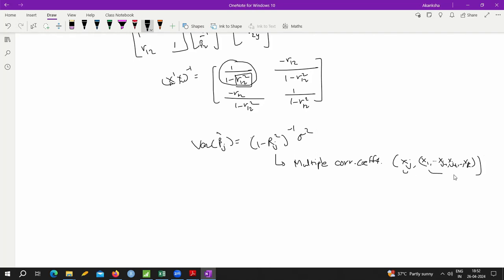We can obtain it by simply fitting a regression with xj as the response and the others as regressors. The R square of this regression is my rj square. That's why multicollinearity inflates the variance.